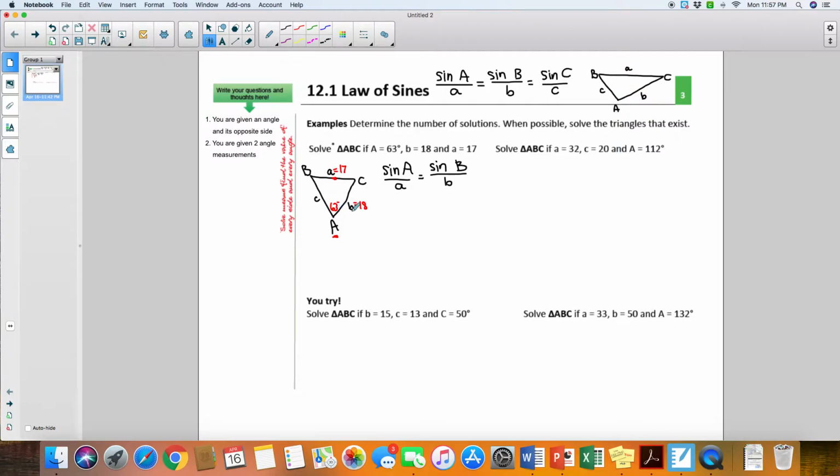A is 63, so this is going to give me sine of 63 over little a, which is 17. And then capital B, I do not know, so I'm going to leave that as capital B, and then lowercase b is 18.